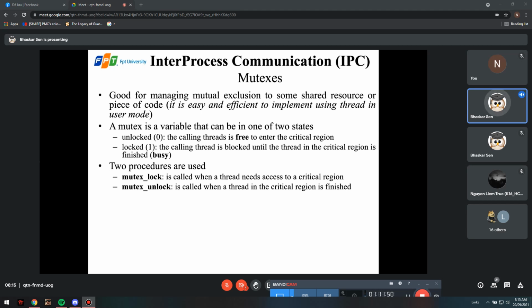The most important thing is the TSL and its final implementation through semaphore, up, down, and mutex. Mutex is a state. As we said, there are 3 different states.